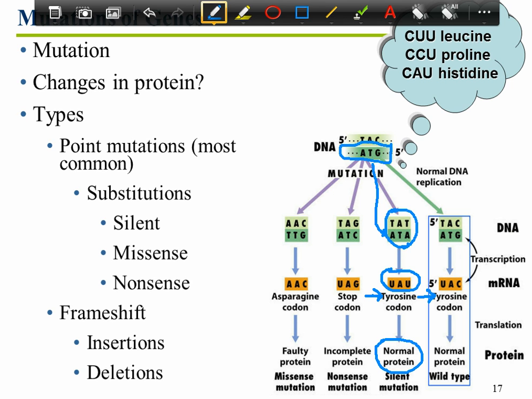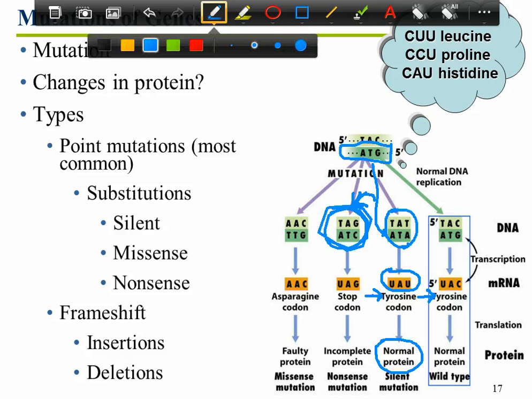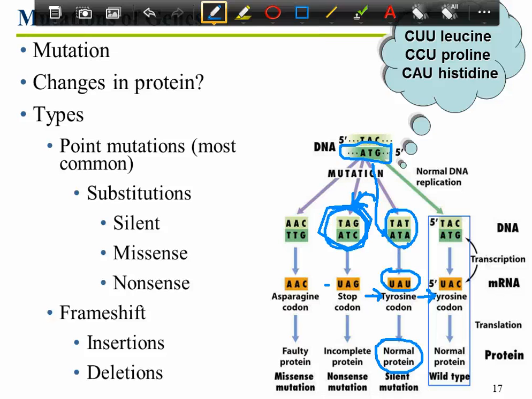Now, go over to the left one more, and you see that as a result of that change in the DNA, we now get a codon UAG, and UAG, remember, is a stop codon.